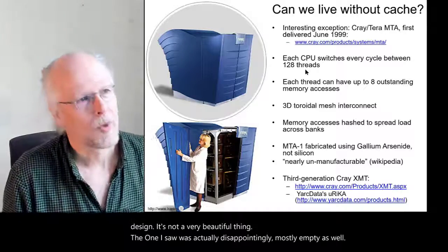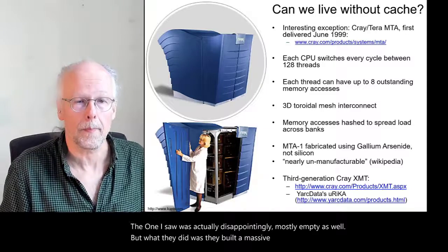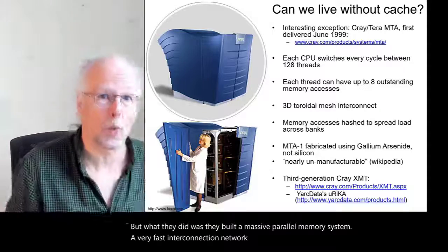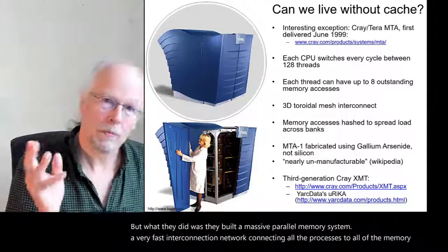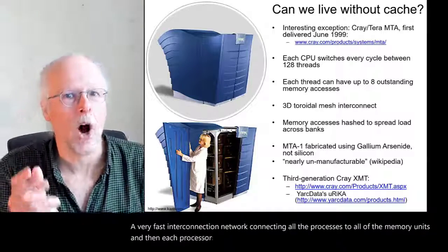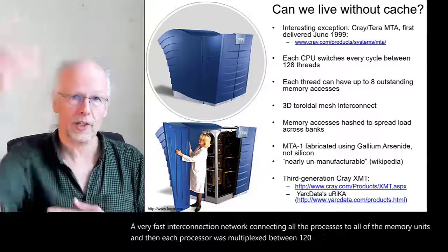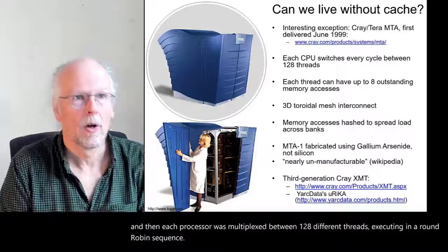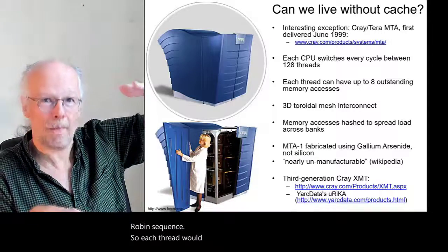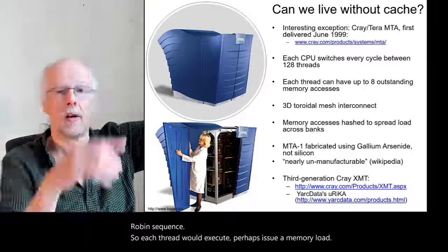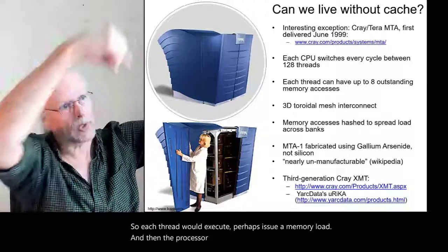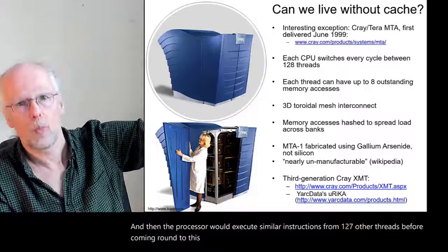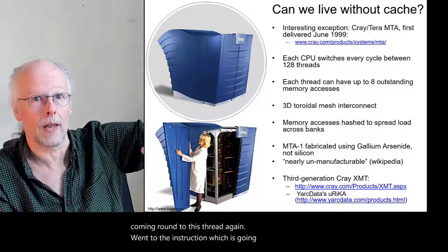But what they did was they built a massive parallel memory system, a very fast interconnection network connecting all the processors to all of the memory units, and then each processor was multiplexed between 128 different threads executing in a round-robin sequence. So each thread would execute, perhaps issue a memory load, and then the processor would execute instructions from 127 other threads before coming round to this thread again, to the instruction which is going to use the result of that load.